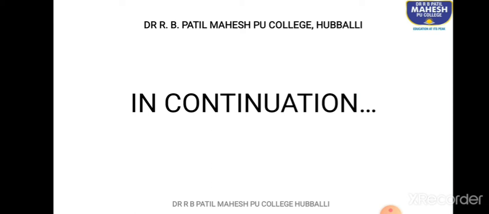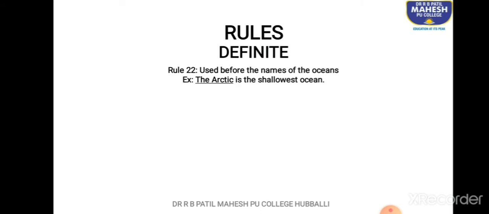There are a few more rules that are to be learned in article the, that is definite article. Rule number 22. We have already dealt 21 rules along with examples. This is 22nd rule. Article the is used before the names of the oceans.